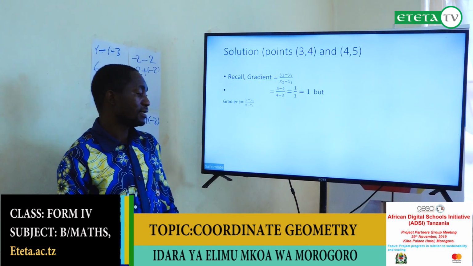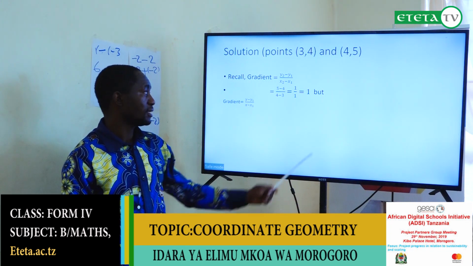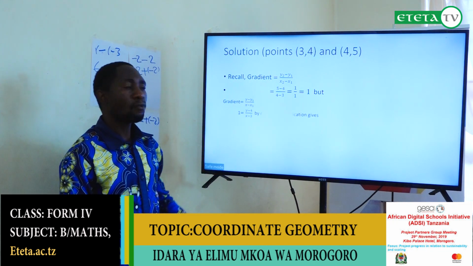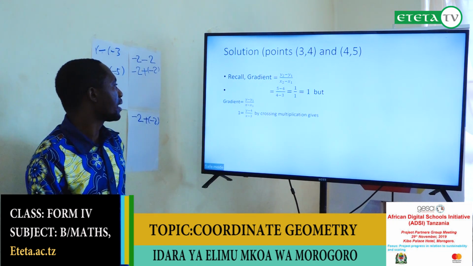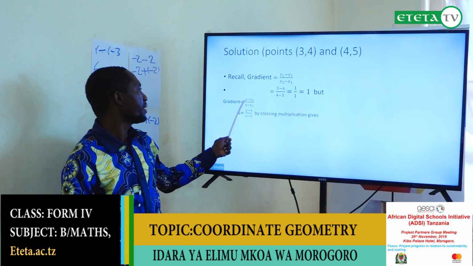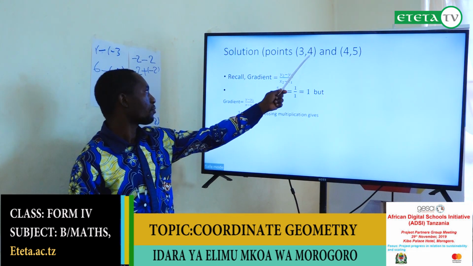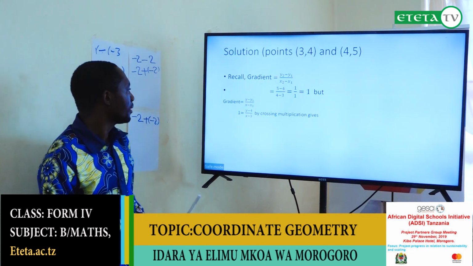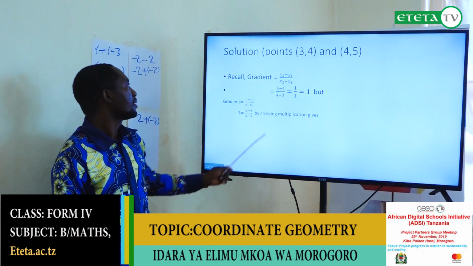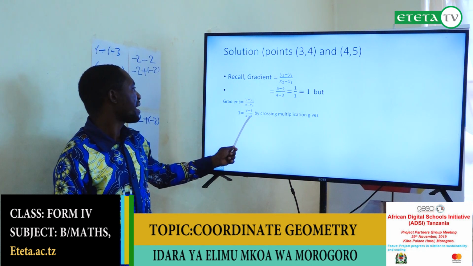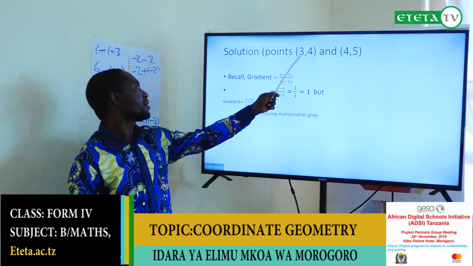But the gradient, mind you, we have 1. Now 1 equals our variable point y minus our y1, which is 4, divided by x, our variable point, minus 3, which is x1.